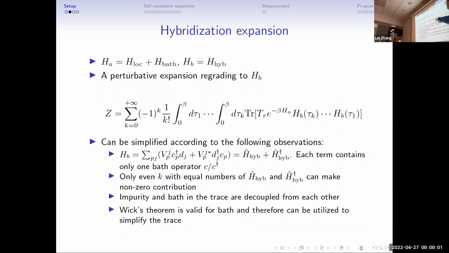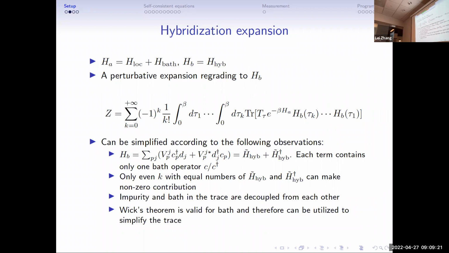Because we finally need to do the trace, the total number of the bath electrons has to be conserved. So only even-order terms with equal numbers of H tilde hat and H tilde hat dagger can make a non-zero contribution.